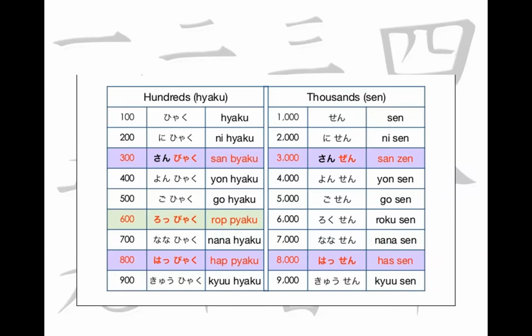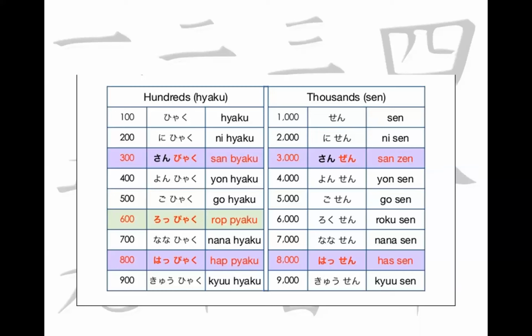Now, let's move on to thousands, or sen. Again, thousands, or sen. So 1,000 is sen. The pattern is similar to tens and hundreds, wherein you just put the number or the value in front of sen when it reaches 2,000 and above. But for just 1,000, it's just sen.